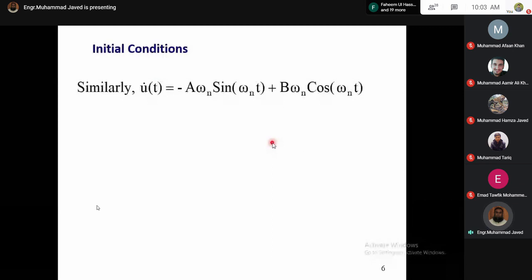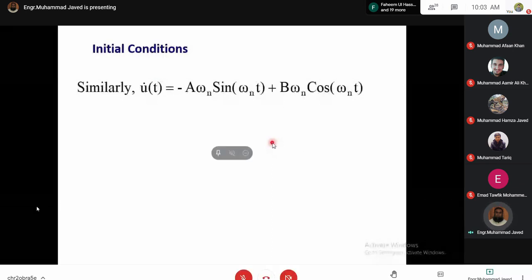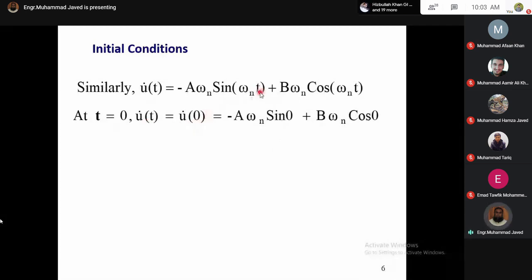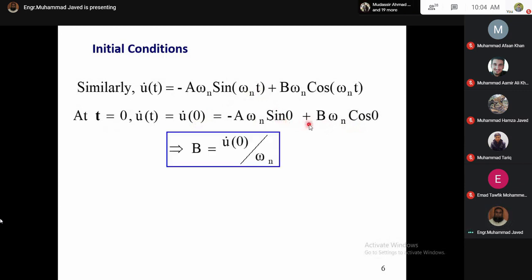Again, if you consider the velocity at the start of free vibration, let the velocity at the start of free vibration be u dot of 0. And by inserting the value of t equal to 0, you will get this. Again, sin 0 is equal to 0 and you get B is equal to u dot of 0 by omega n.